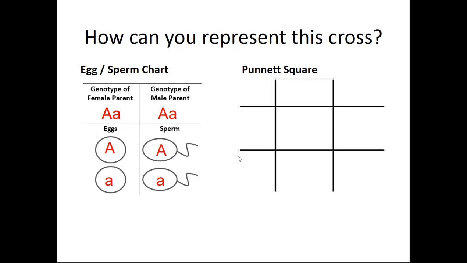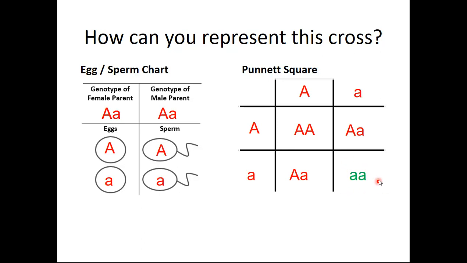If you put that into a Punnett square, you're going to have a big A and a little a as possible gametes from the mom, and a big A and a little a as possible gametes from the dad. These come together, and that means they can make a big A, big A, a big A, little a, a big A, little a, and a little a, little a.